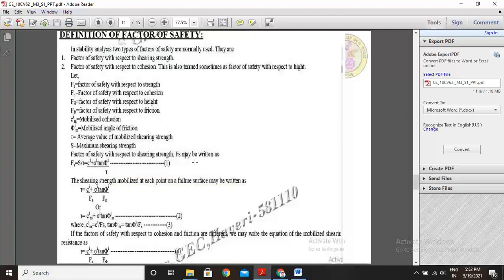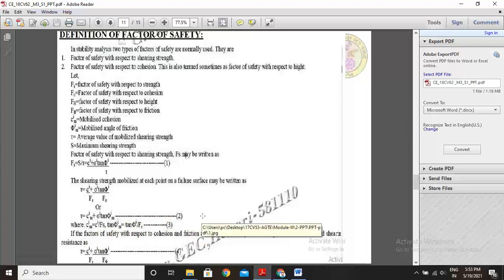This is equation 1. The shearing strength mobilized at each point on a failure surface may be written as tau equal to c plus sigma tan phi by Fs, or c dash plus sigma dash tan phi dash by Fs, or tau equal to cm dash plus sigma dash tan phi m dash.